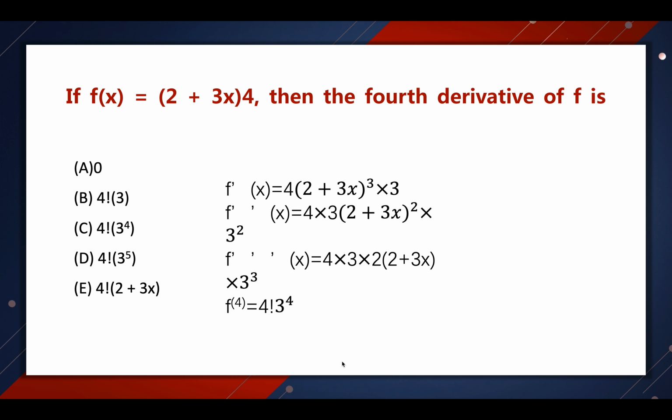And then the next step is the second derivative of f. The second derivative is 4 times 3 times (2 plus 3x) squared times 3 squared. And then step by step we will get the answer is C.